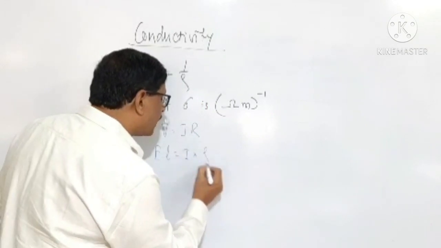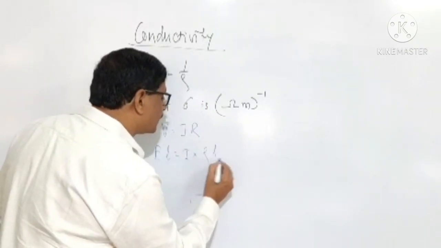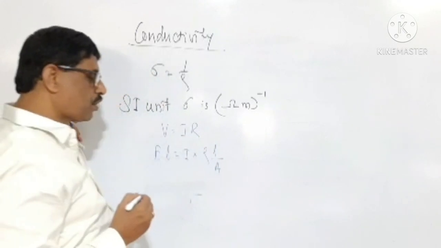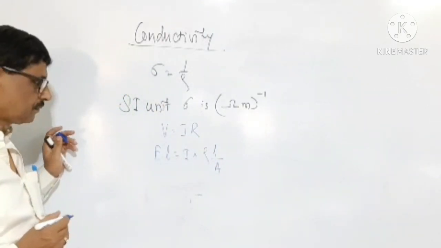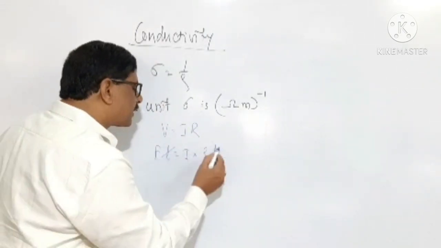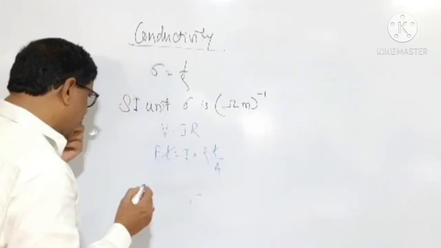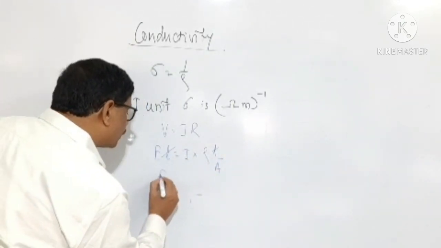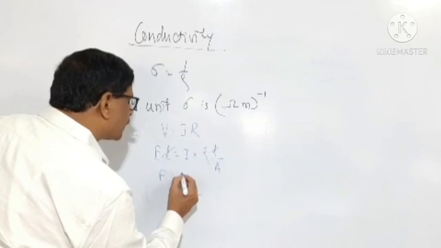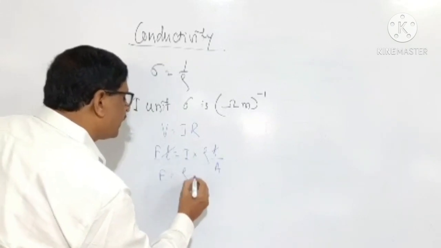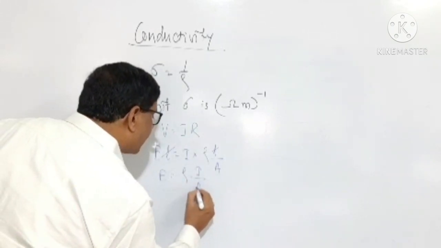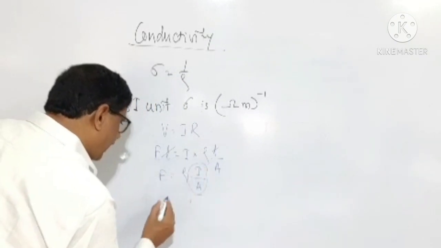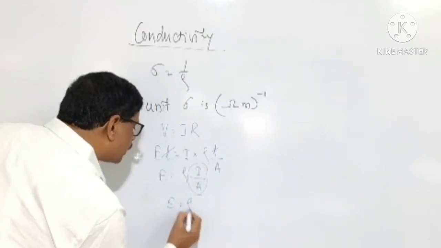We find it is resistivity into length divided by area of the cross section. The length of the conductor gets cancelled on either side of the equation, and therefore E is equal to resistivity into I divided by A, but I divided by A is the current density.